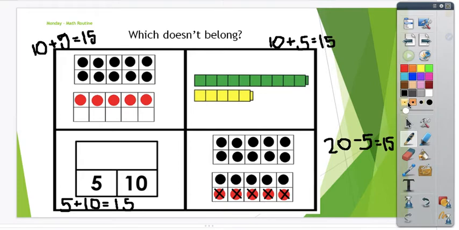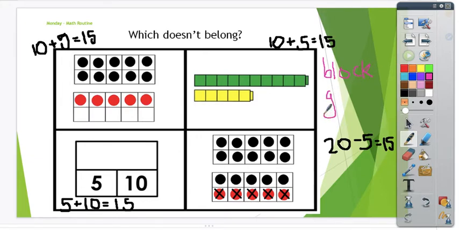All right. Now I want you to think. Which one doesn't belong? Well, let's see. This one, what's different about this one? It uses our blocks, and it's green and yellow.